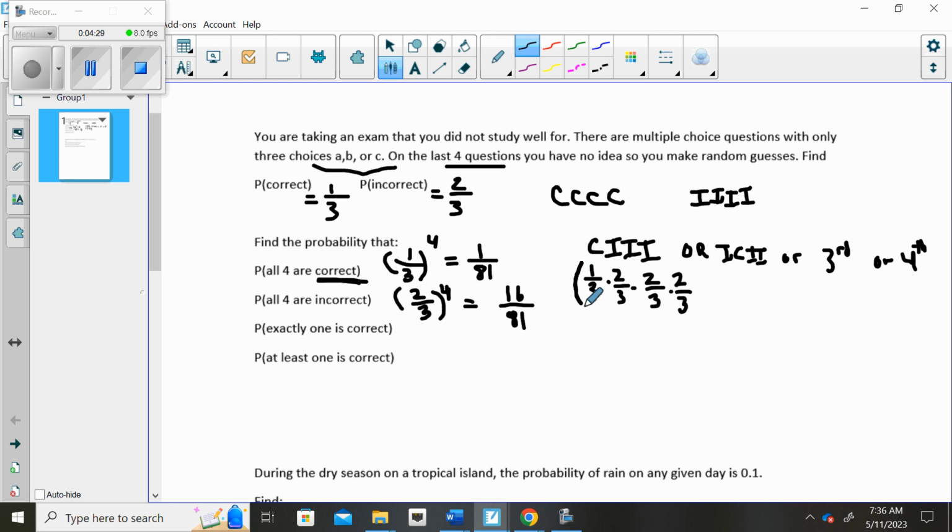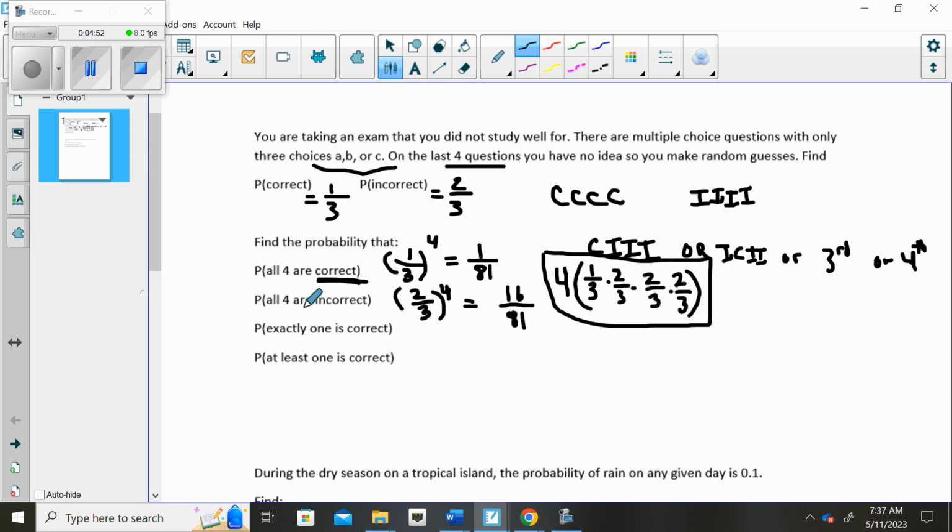Therefore, I'll get this same answer 4 times and have to add it 4 times. Well, adding it 4 times is the same as multiplying it by 4. Okay, so this is a perfectly good answer for the exactly 1 correct. Okay, you can leave it like that.